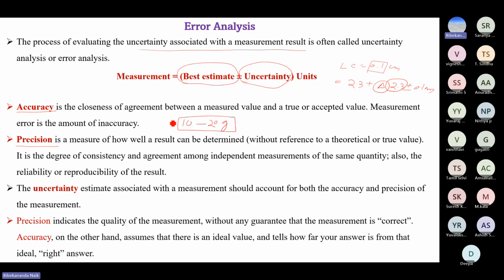Suppose this is a gold ring, and to your hand it feels like the weight is 10 to 20 gram. But this is not a very certain measurement, because 10 to 20 is varying almost double. So you need some reliable source.